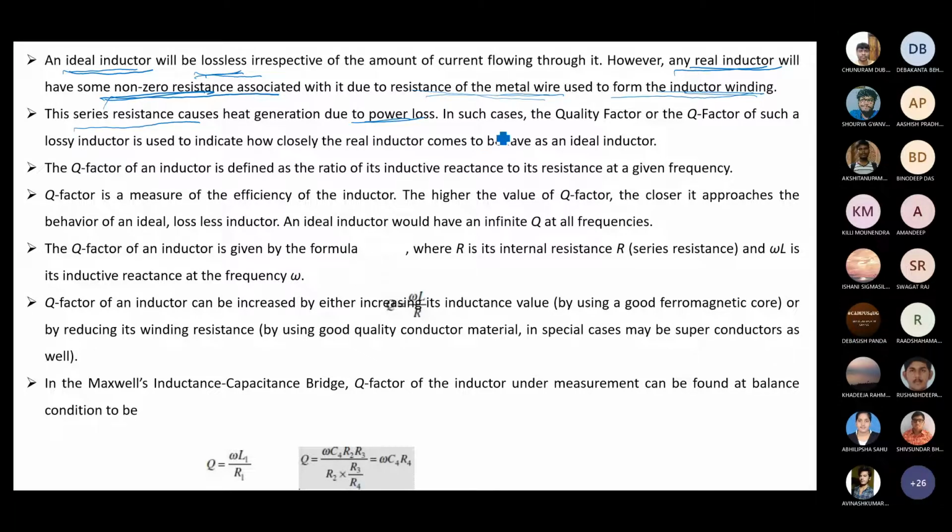In such a case, the quality factor, the Q factor of such a lossy inductor, is used to indicate how closely the real inductor comes to the behavior of an ideal inductor. The Q factor of that inductor is defined as the ratio of its inductive reactance.